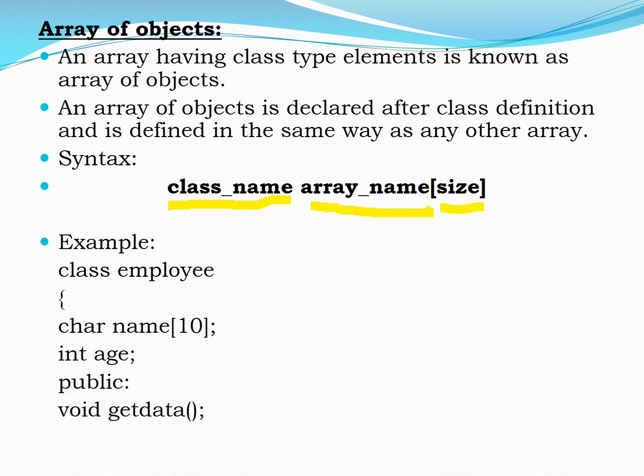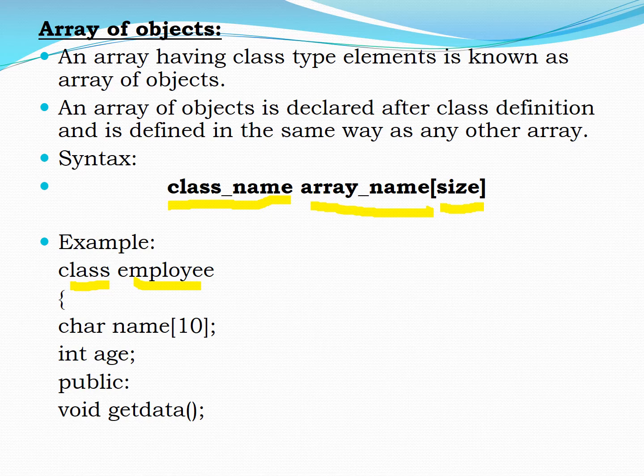Here we have a small example of employees. A program is created with a class for an employee, whose data members are name and age, and I'm going to get data and display data using an array of objects. In this example, I have created a class called employee.